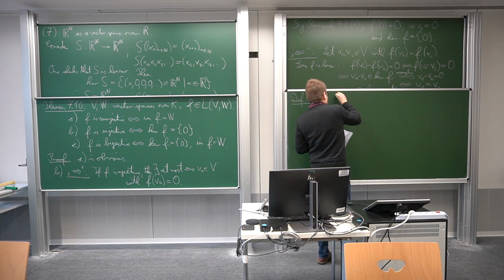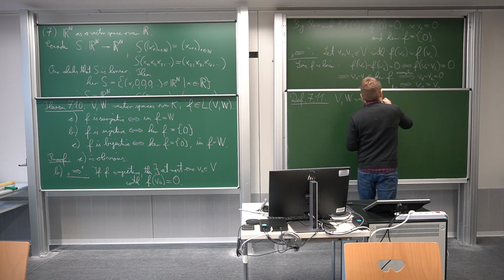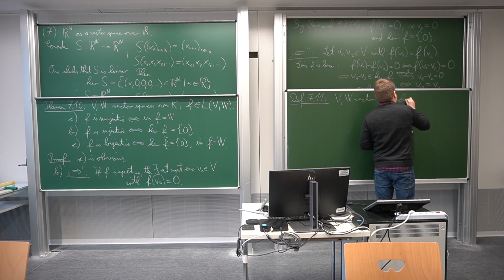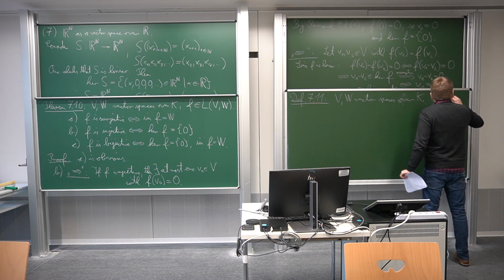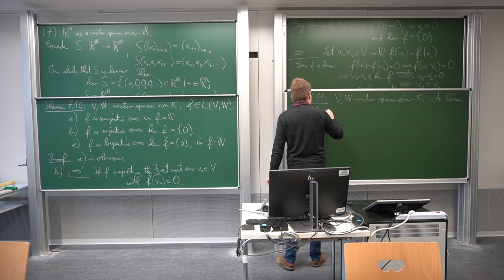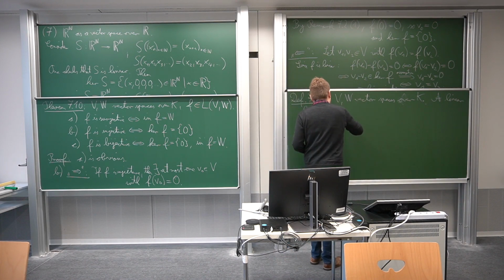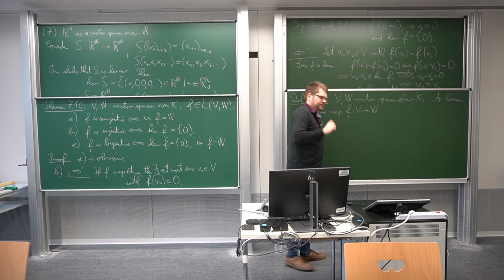So, new definition. Again, we have two vector spaces over K and a linear bijective map from V to W, so a bijective linear map.